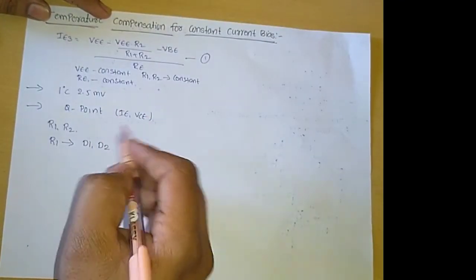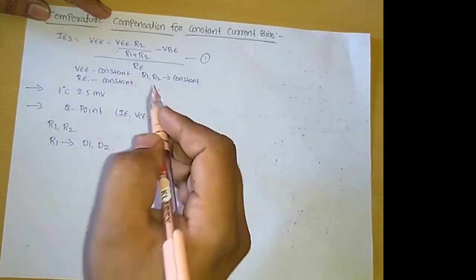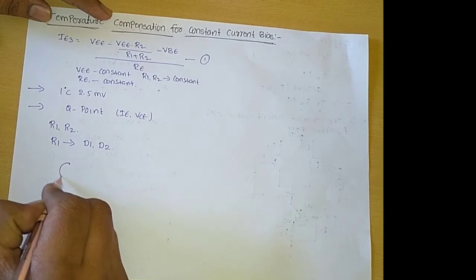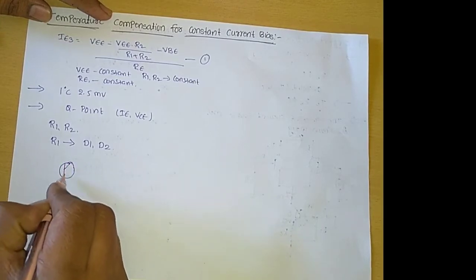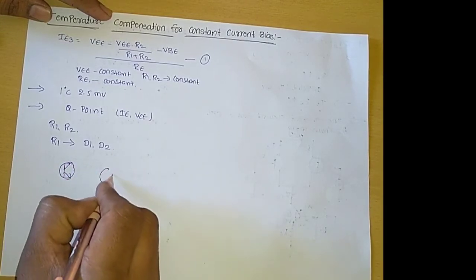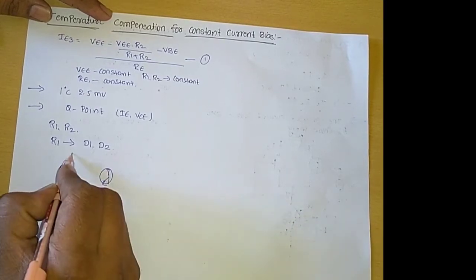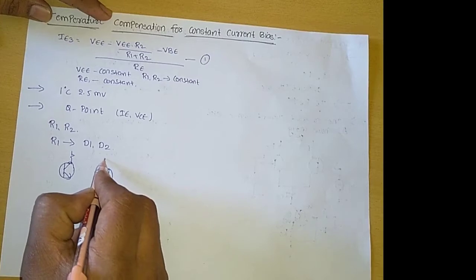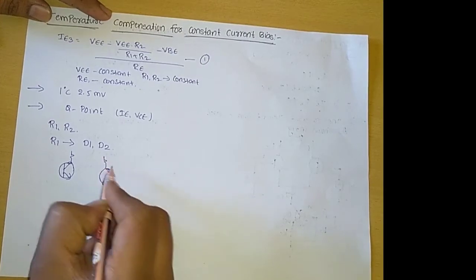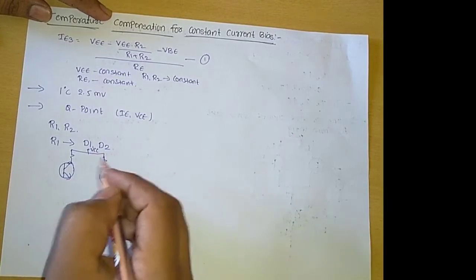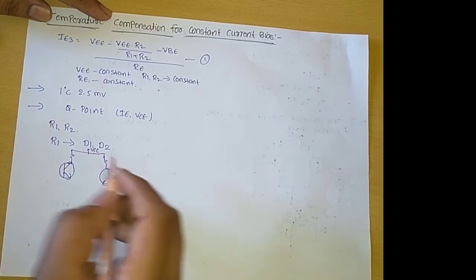Now we are drawing the constant current bias circuit, and we know that this circuit has a dual input balanced output differential amplifier.